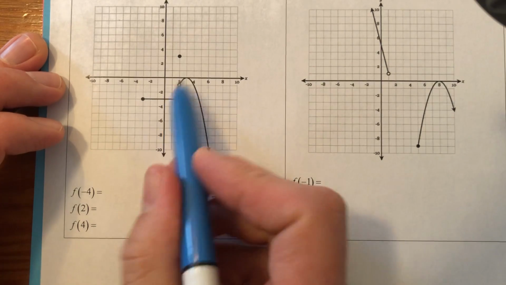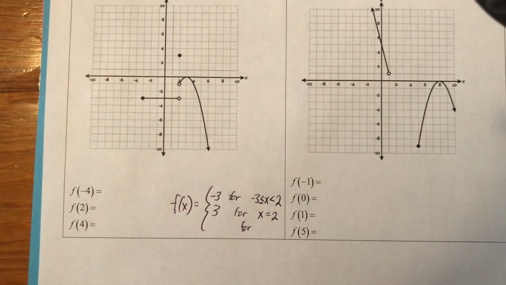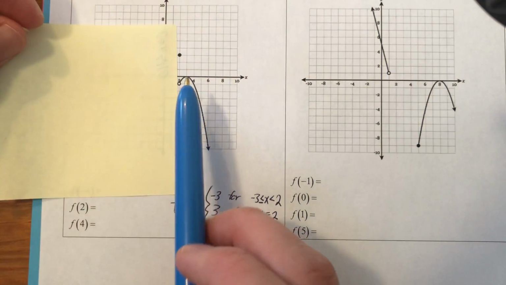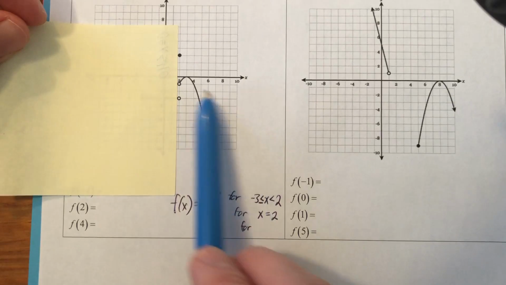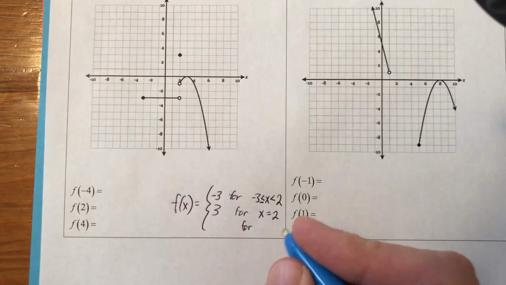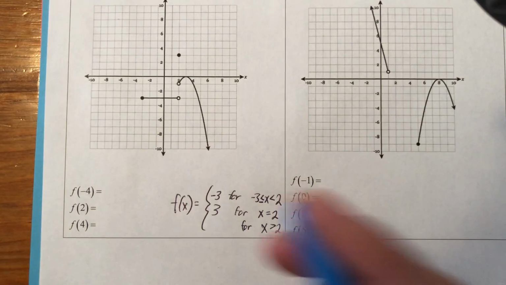And then this piece is a parabola. And this parabola exists for all x values greater than, but not equal to, 2. So here goes, x is greater than 2. And this is a standard parabola.